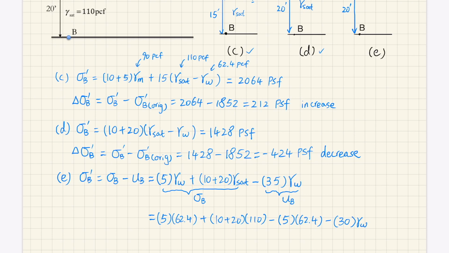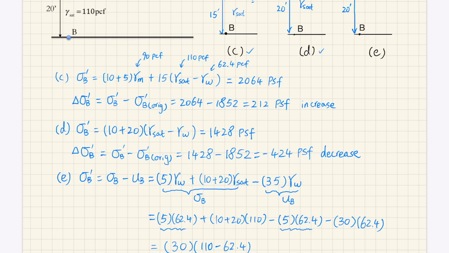So this first term and third term cancel each other out. So we're left with 30 times, so let me actually replace this by number, this is 62.4, so this is 30 times 110 minus 62.4.